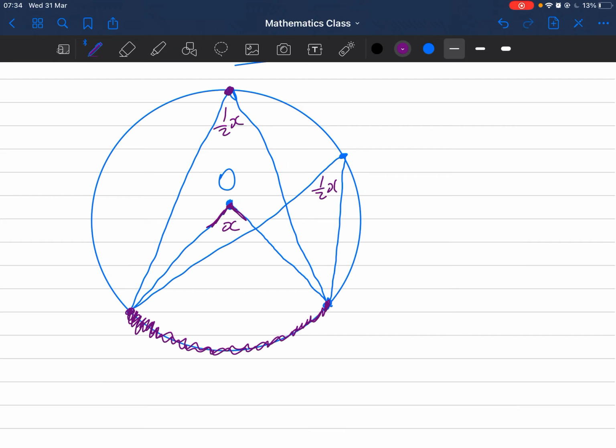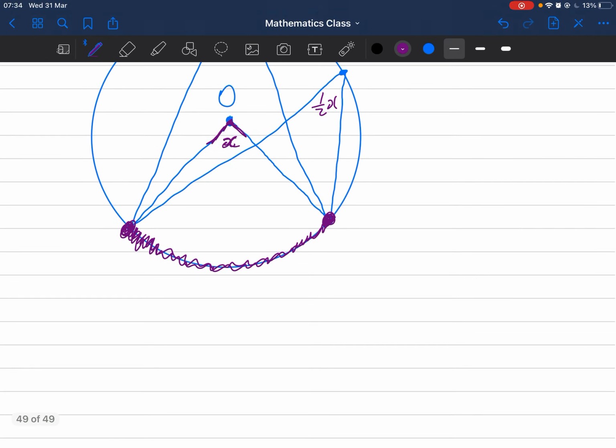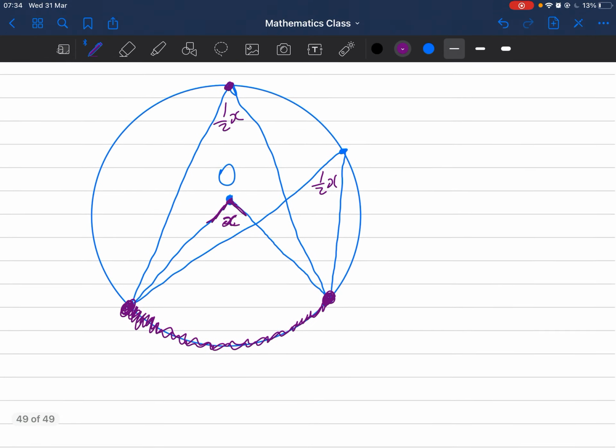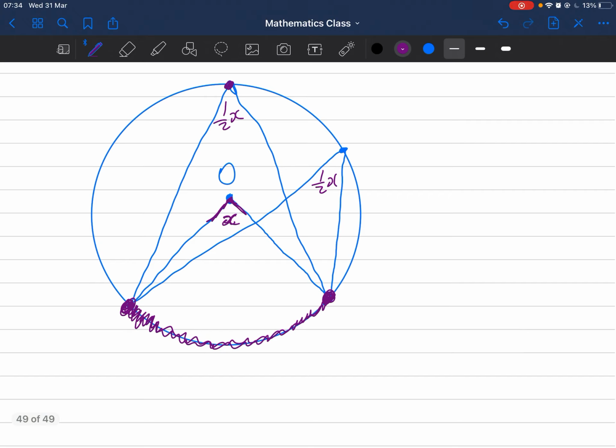Why? They're all subtended by the same segment. So if this angle here is x, then these two angles are half x. Even if we had another chord subtended by this segment, the angle would still be half x.